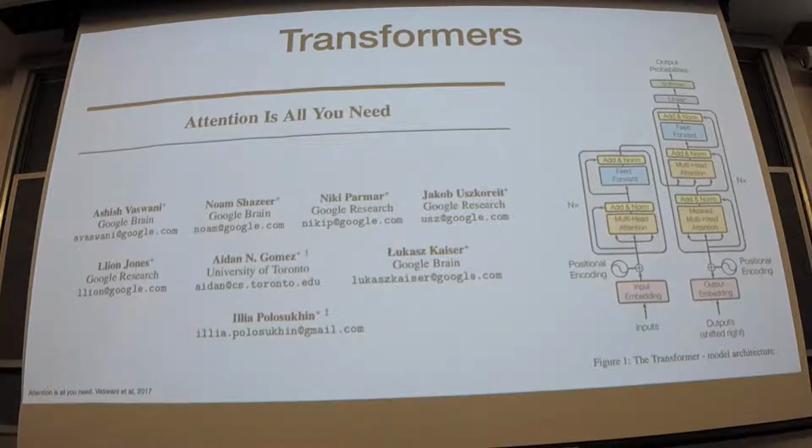Okay, cool. A paper in 2017 came out called "Attention is All You Need," and now everything is called "Something is All You Need" when a new breakthrough comes through in neural networks. But attention is all you need, and this architecture became known as the transformer.